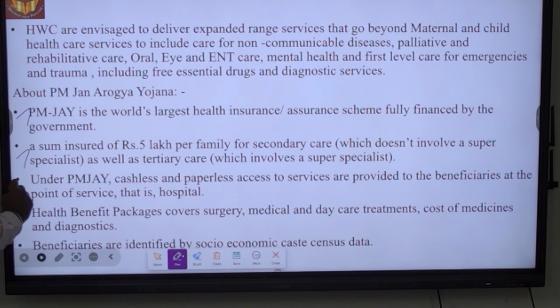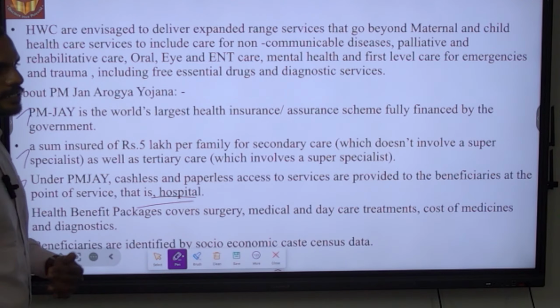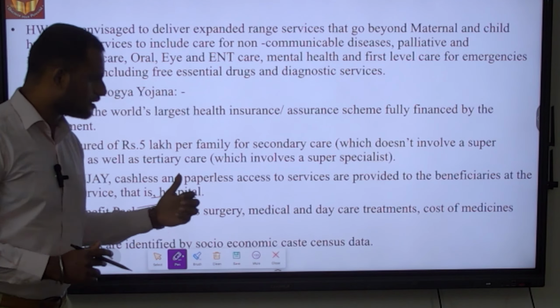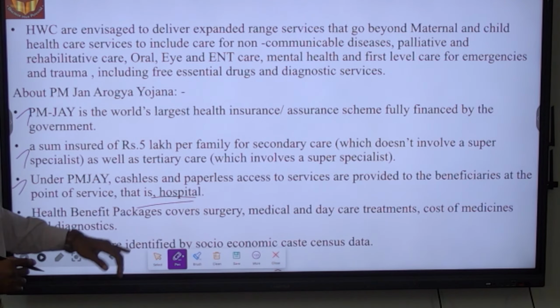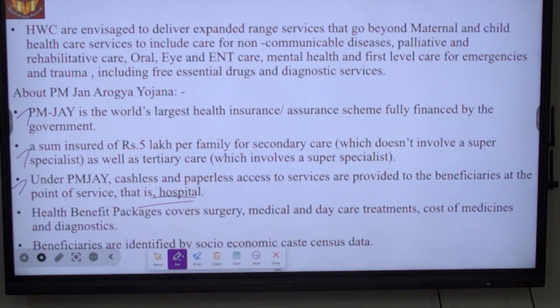Under Pradhan Mantri Jan Arogya Yojana, cashless and paperless access to services is provided to beneficiaries at the point of service, which means the hospital. Using digital technologies, access to the insurance will be made cashless as well as paperless in the hospital itself.